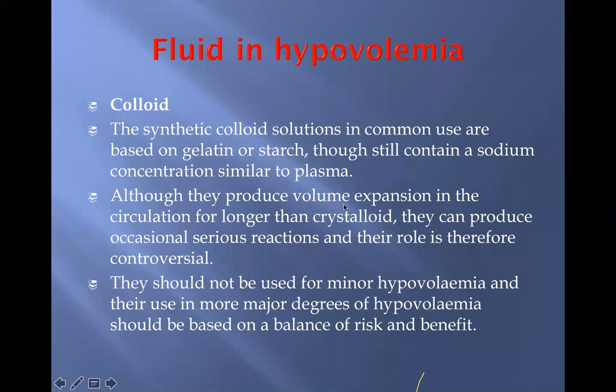Actually, we have mentioned that this type of fluid is to be used in case of failure of good replacement with crystalloid only. So in this situation, we add colloid. So we have to consider the scientific indication. They should not be used for minor hypovolemia, and their use in more major degrees of hypovolemia should be based on a balance of risk and benefit.